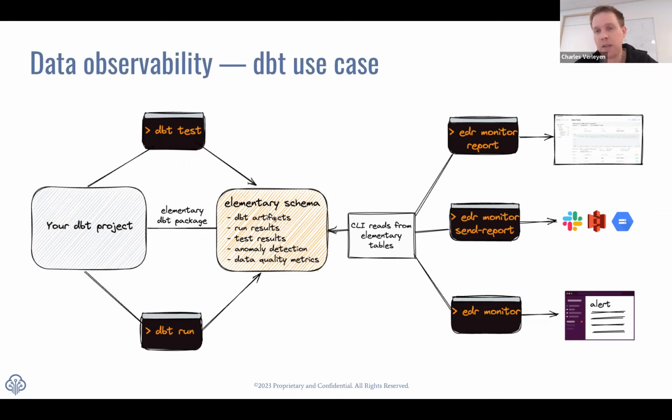Those tables are in an isolated dataset, and they contain metadata about your dbt project. Those tables work incrementally, which is good because it keeps history. Then the elementary CLI, the reports that I mentioned, like this UI, will connect to those tables and display nice UI dashboards.